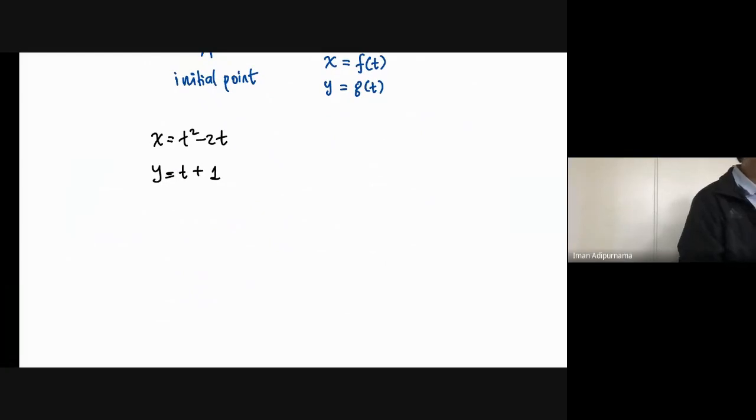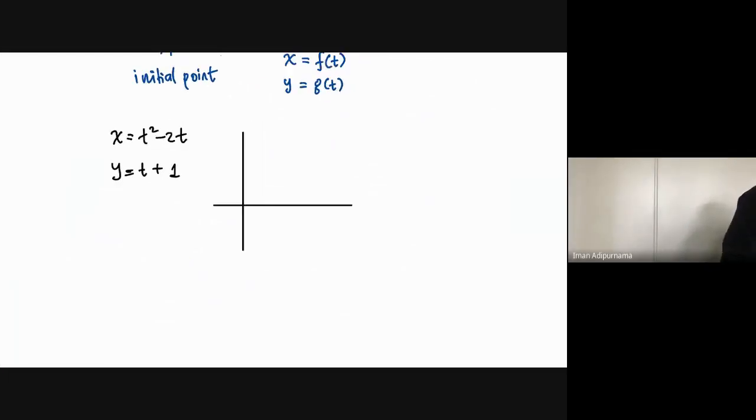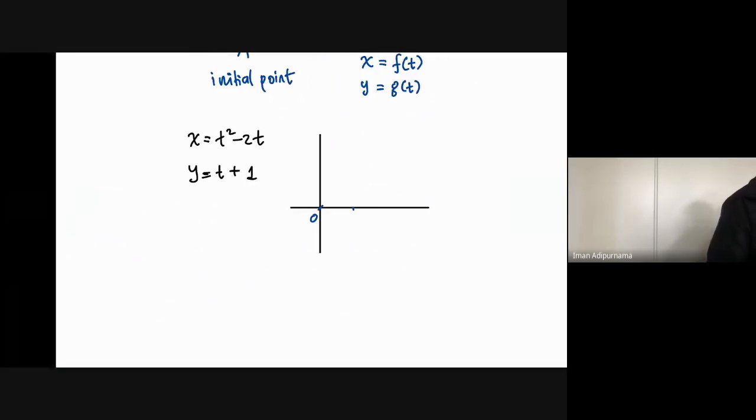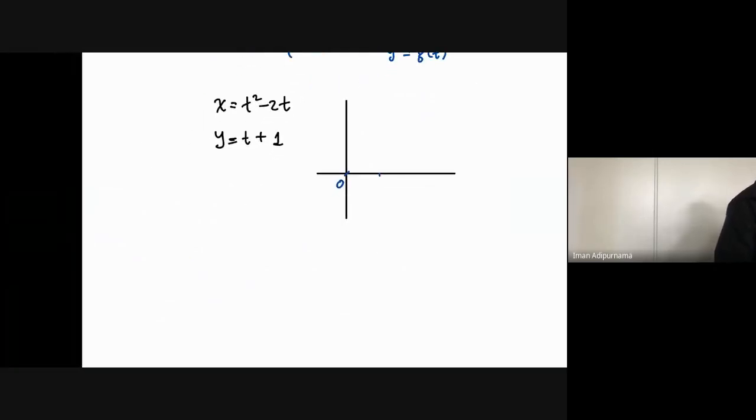I will draw it for you, but you can check. Or maybe I can write the table first, so you know how to deal with this situation. t, x, y.